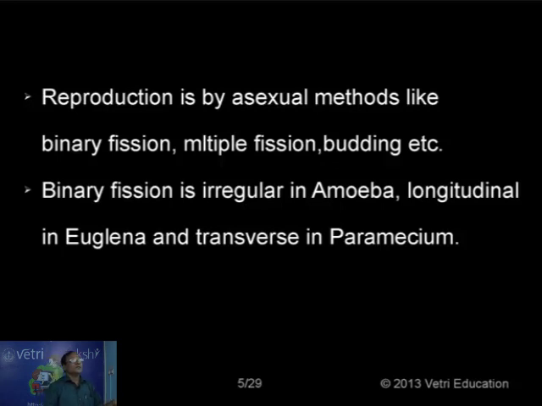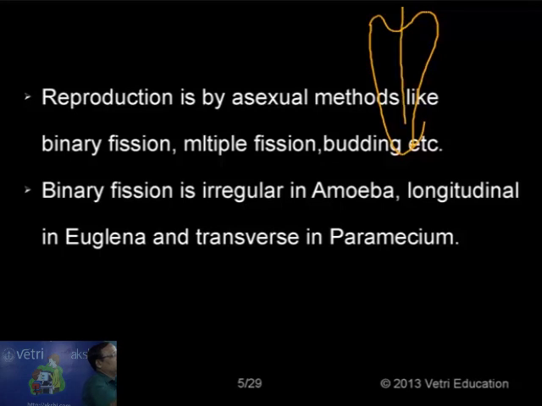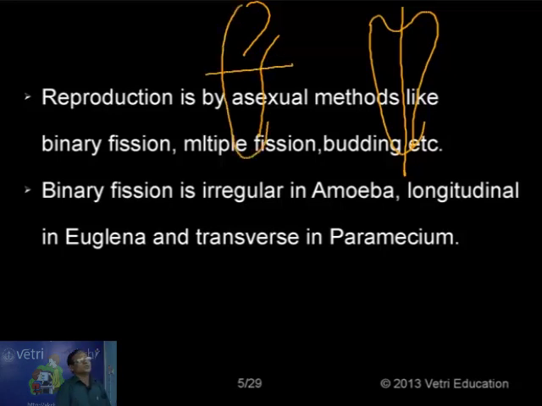Now, binary fission is not uniform. In the case of amoeba, it is irregular as the animal is asymmetrical. In the case of Euglena, it is longitudinal. This is a Euglena, so the division is longitudinal. In the case of Paramecium, the slipper animalcule, it is transverse.